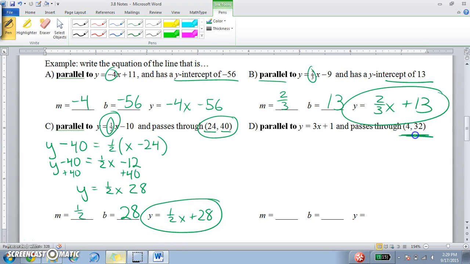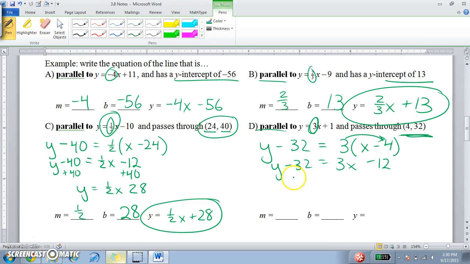Same thing for this one. I've got a point, and I know my slope needs to be 3, because that's the slope of this line right here, and I need them to be parallel. So again, y minus my y-coordinate, 32, equals my slope of 3 times x minus my x-coordinate, which is 4. This is a little bit easier because I don't have fractions, so y minus 32 equals 3x. 3 times negative 4 is negative 12.